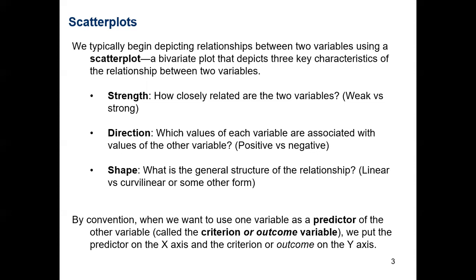So I'm going to give you this kind of question in one homework assignment. Anyway, when we want to use one variable as a predictor of the other variable, so predictor.